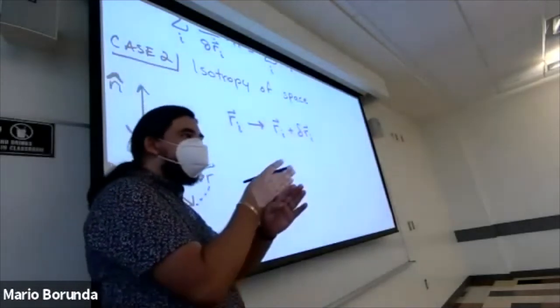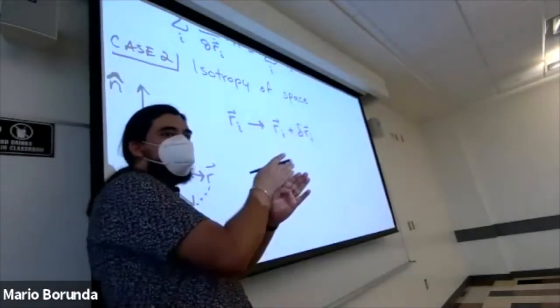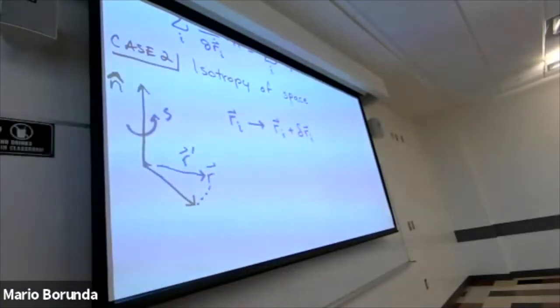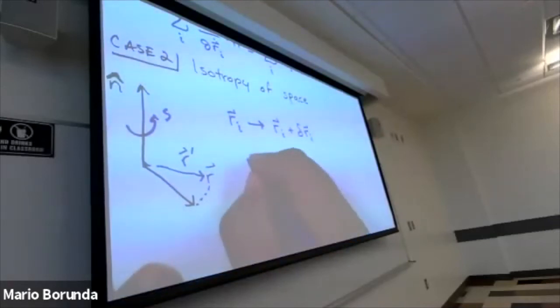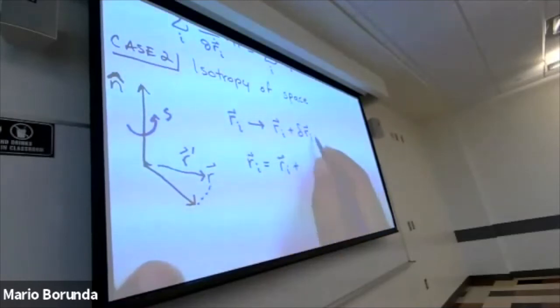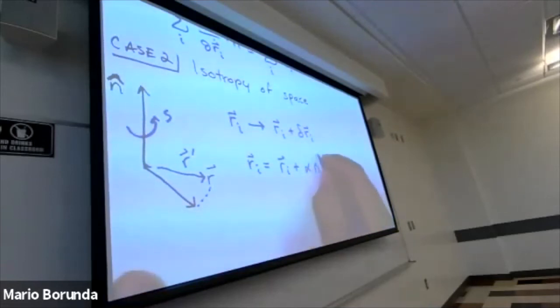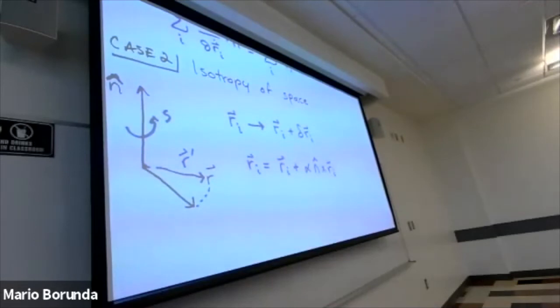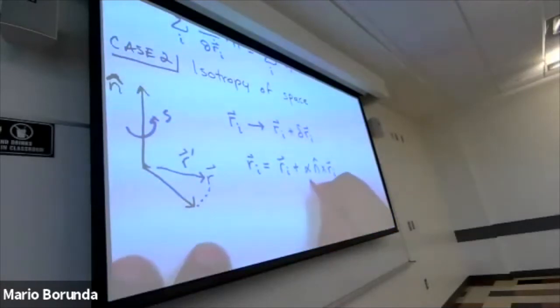It's just a tiny change. So this is the rotation I want to do. If I do that, what that means is that r_i prime is equal to r_i plus some value times this. That's my rotation. This little alpha is infinitesimal.